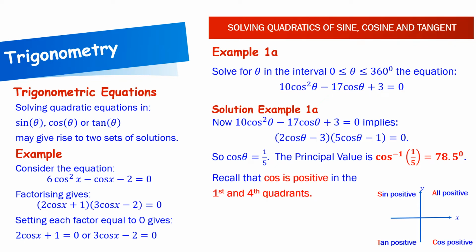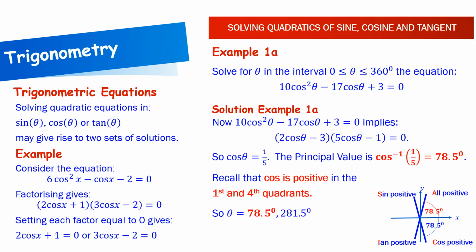Now, recall that cos is positive in the first and fourth quadrants, as you can see from the CAST diagram. So cos of the angle is either in this quadrant, the first one, as you can see, or the fourth one.